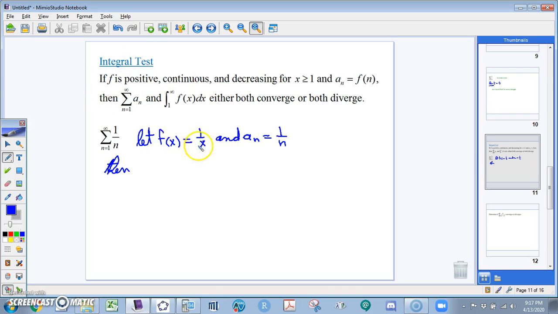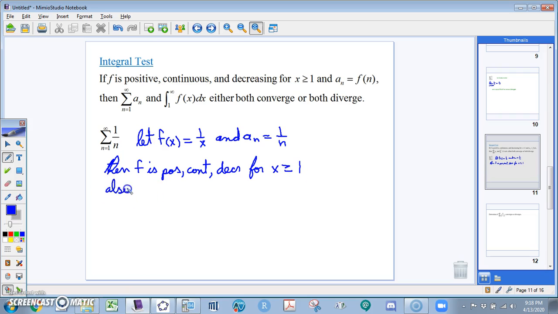If I plug in any positive number here, then definitely f is going to be positive for all positive x's greater than or equal to 1. Is it continuous? Yeah, once we get past x equals 0, it's definitely continuous. We know that about this function. And we also know this graph well enough to know that it is decreasing for x greater than or equal to 1.